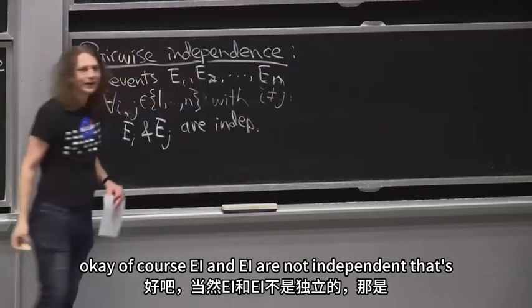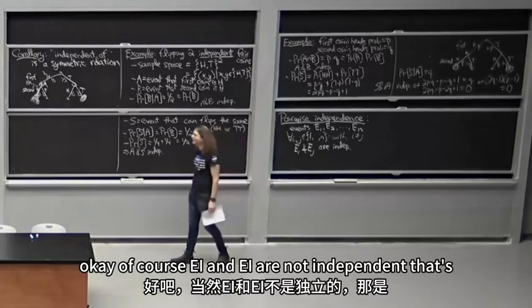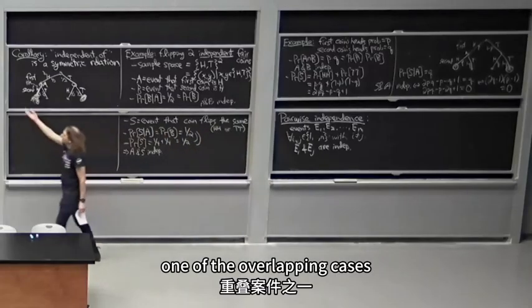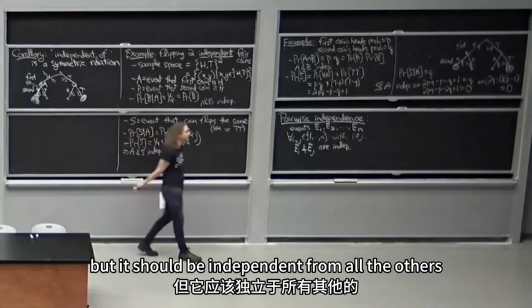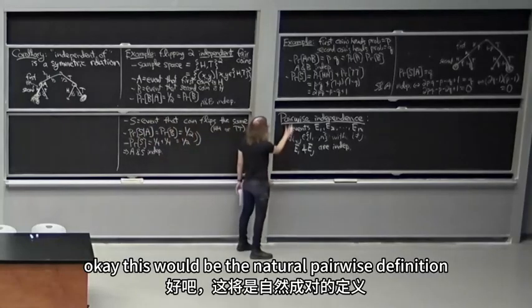Of course, Ei and Ei are not independent. It's one of the overlapping cases. So Ei is not going to be independent from itself, but it should be independent from all the others. This would be the natural pairwise definition.